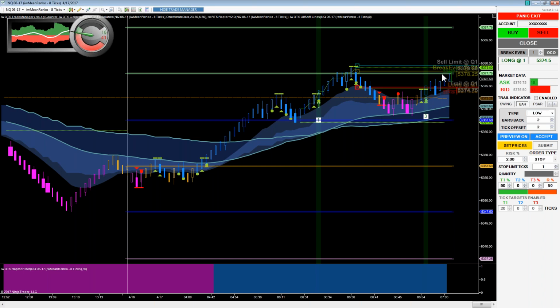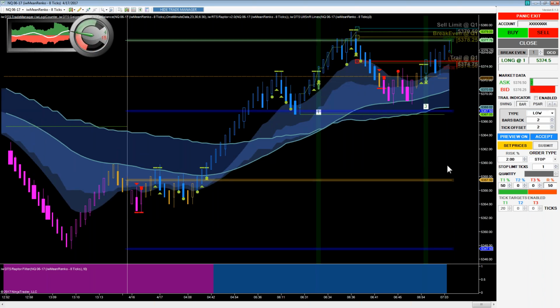Well, if we get above this resistance zone, the next one, 53.87 3/4, essentially 53.88, does seem like a plausible target. That'll get us back near Thursday's highs.